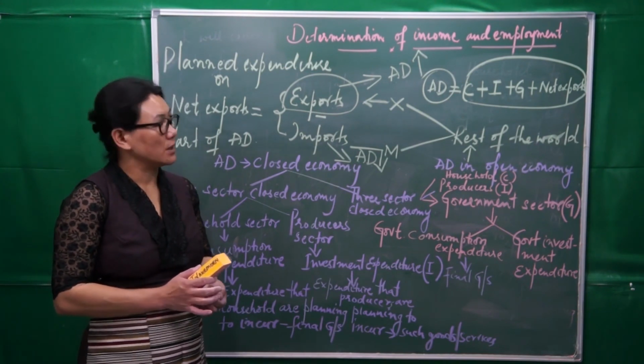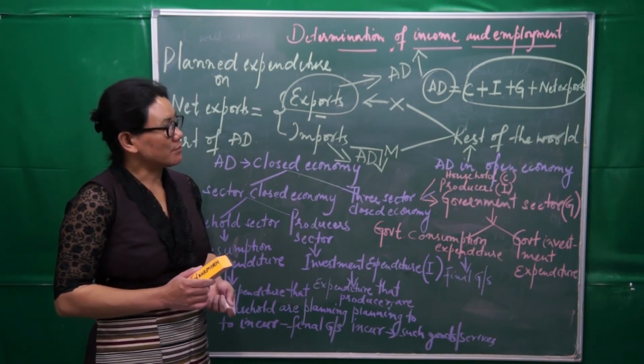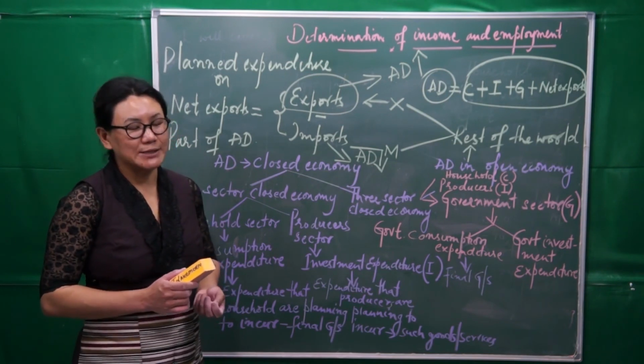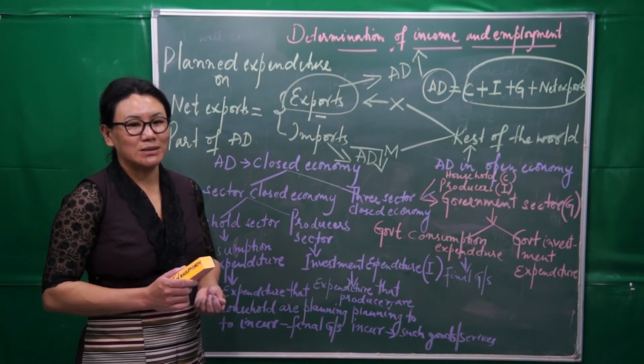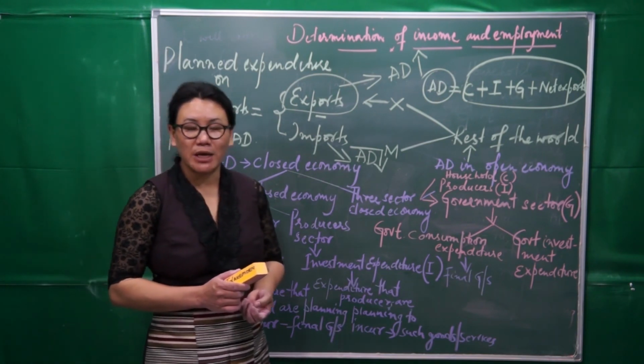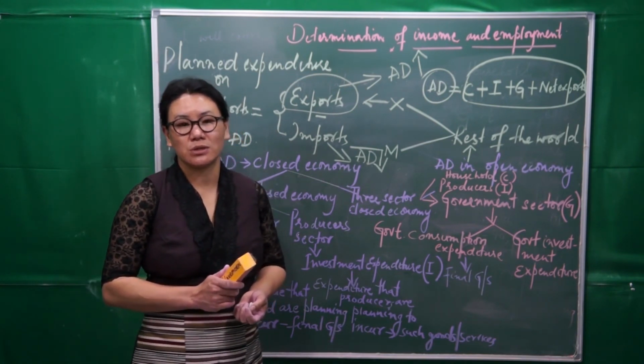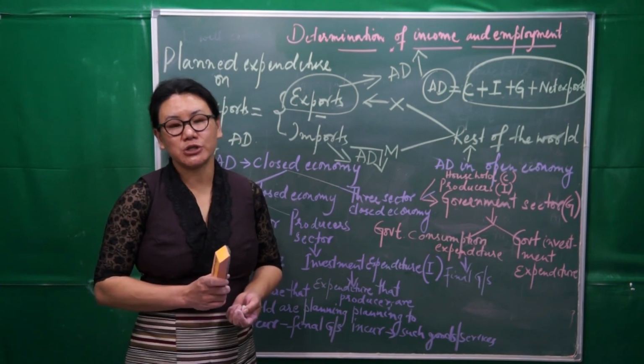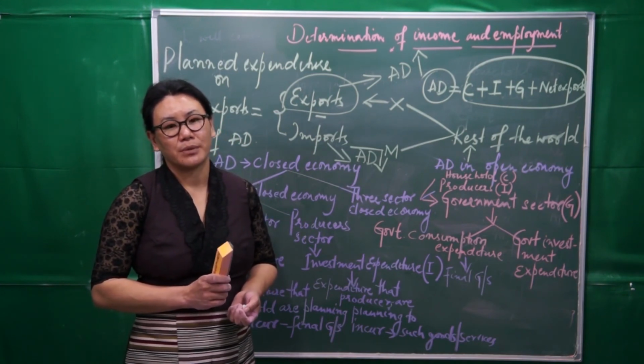All right. Then we have seen the behavior of AD. When we are talking about the behavior of AD, it shows the relationship between AD and income.